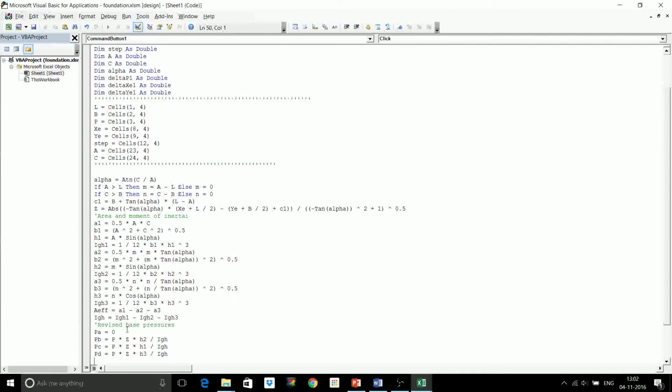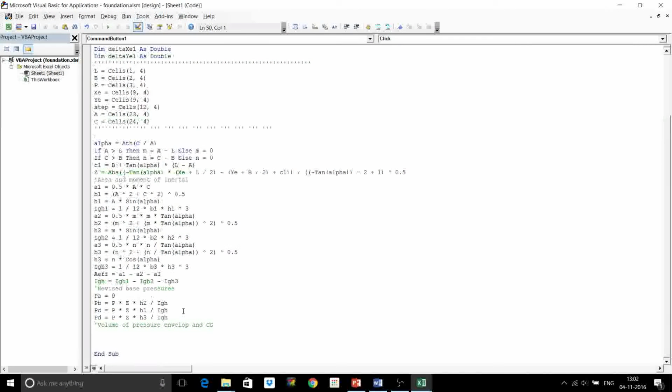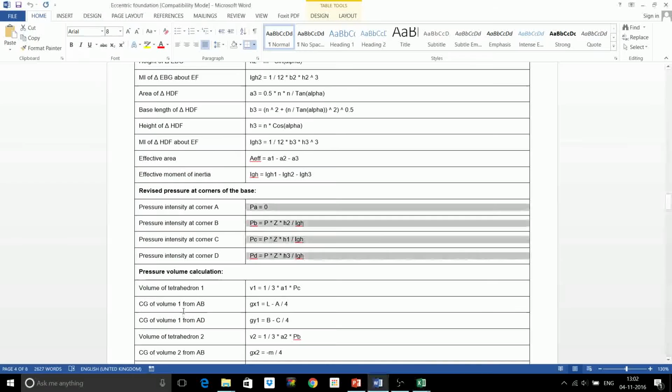I have to define, no, not required to define this PA, PB, PC, because ultimately those are going to be double, because P is Z, H, Ig, which I have already converted to doubles. Volume.